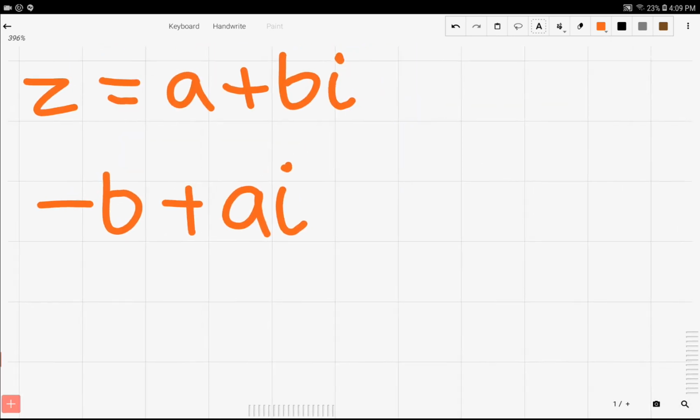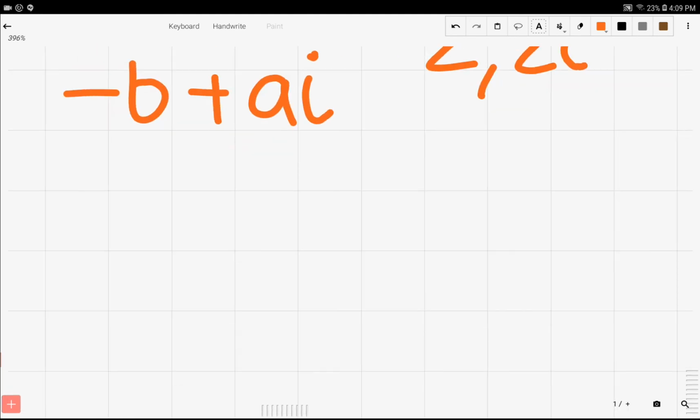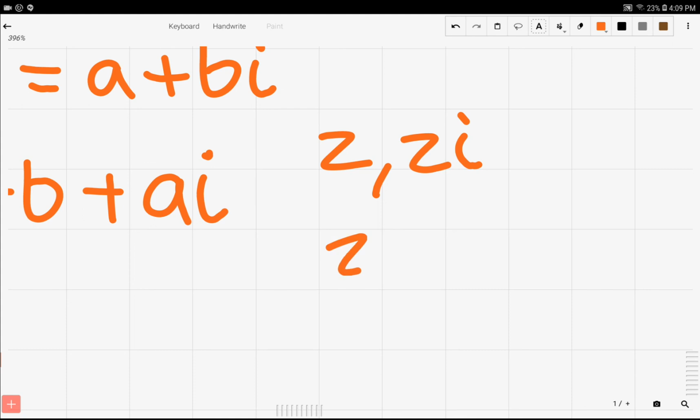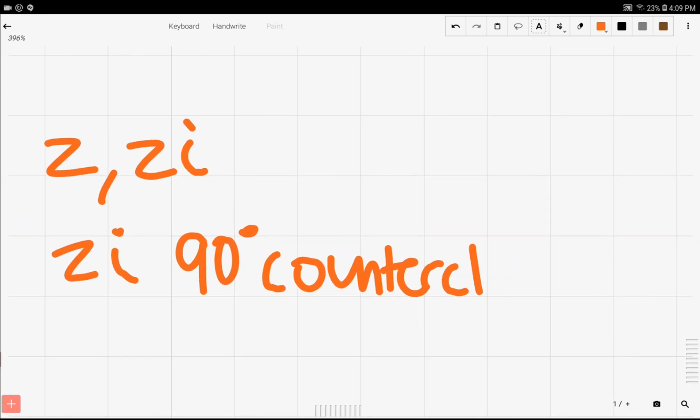And if you graph both z and zi, you'll find that zi is rotated 90 degrees counterclockwise of z, around the origin, of course. This is just an interesting fact that leads into what I'll cover in the next video.